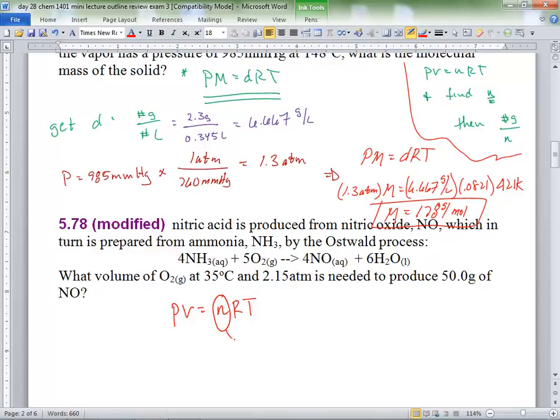50 grams of NO. It's just the wrong units and the wrong compound, right? The compound has to be what? What does the chemical have to be to plug into PV equals nRT?